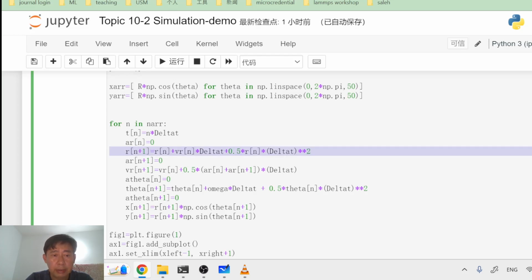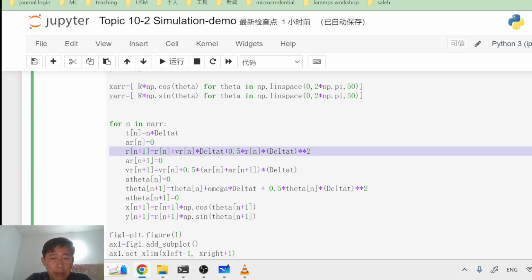Okay. Then here are the update equations that update the values of r in the next instant. R is equal to the R of the previous instance, plus the rate of R changing multiplied with delta t, plus half of AR times delta t squared.